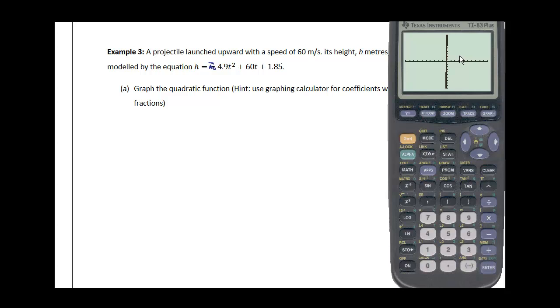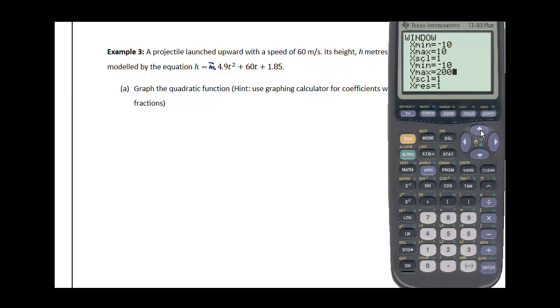since our window is so different from what the graph needs, we need to alter that. So let's go to the window, and we're given a window of negative 10 by 10 in both directions. From what I can see, our graph is going to go way higher than a max of 10. So let's go down to our y max and give it a much larger number, for example, 200.